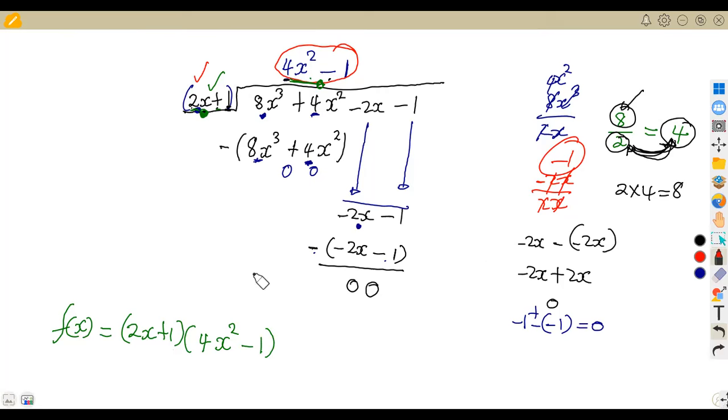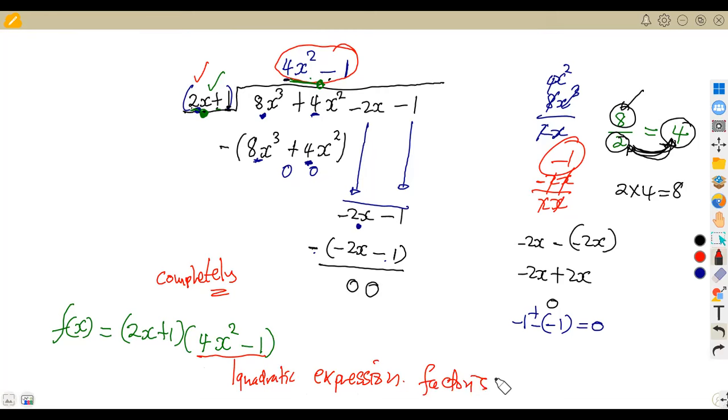But our question is factorize completely, not just leave it at a certain stage. So here it's not complete, because this is a quadratic expression and it has to be factorized again.